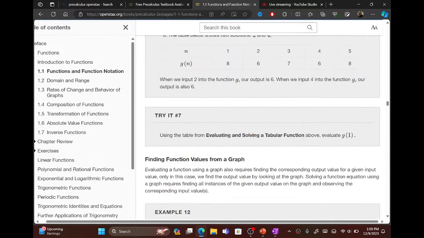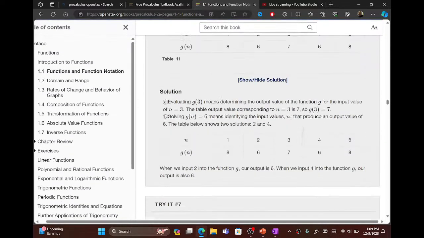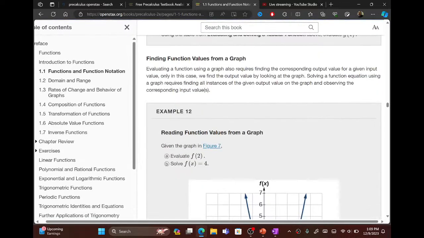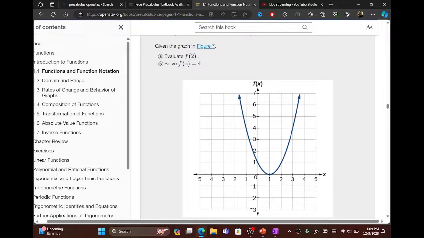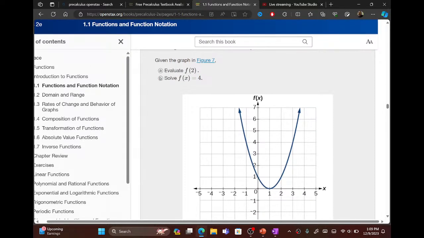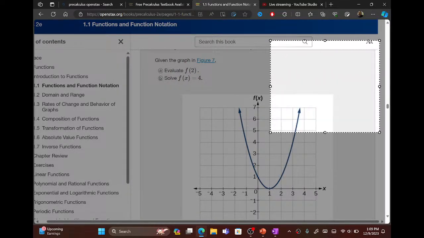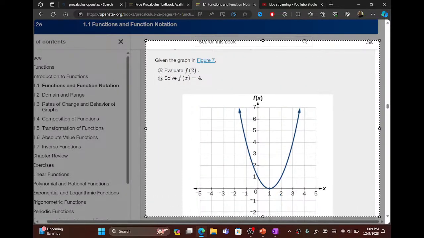It's really not as difficult. You just have to understand how to do it by tables. Now by a graph. Okay, guys, I'm going to do the same thing here with web capture.